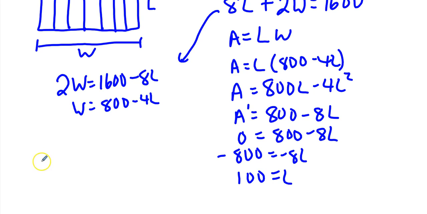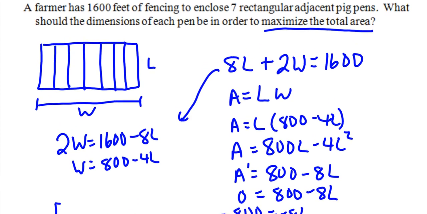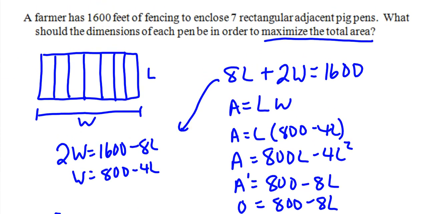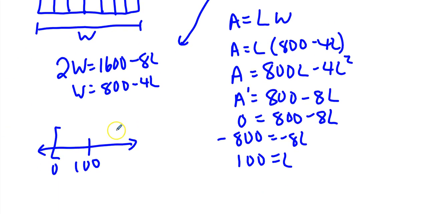Test it on our number line. So 100, and then again, we have restrictions on our domain here. Hopefully you realize we cannot have negative numbers, so 0, and then it goes up to 1600. Those would be our restrictions there.